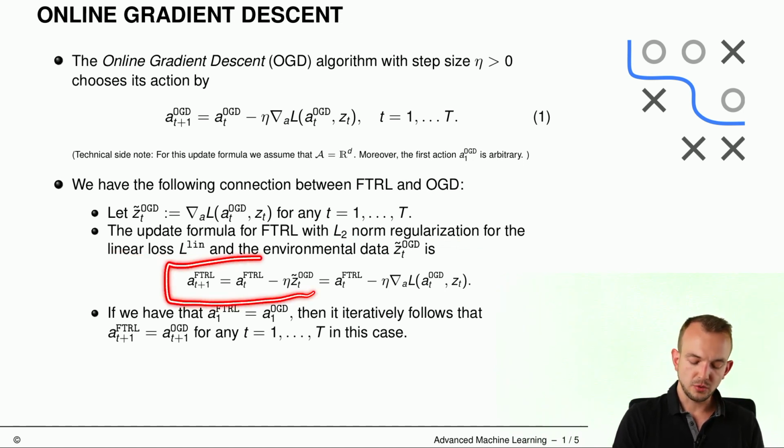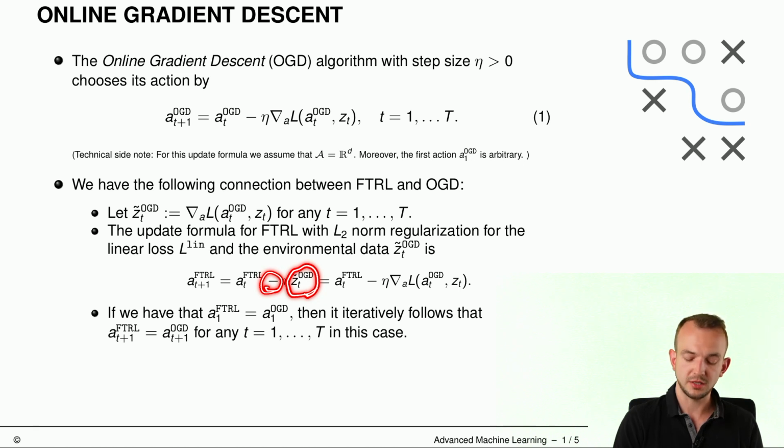Then we remember the update formula for the action of follow the regularized leader with this L2 norm regularization is very similar to what we had before for online gradient descent, namely the previous action is updated in the direction of this artificial environmental data point with regularization magnitude or step size eta.